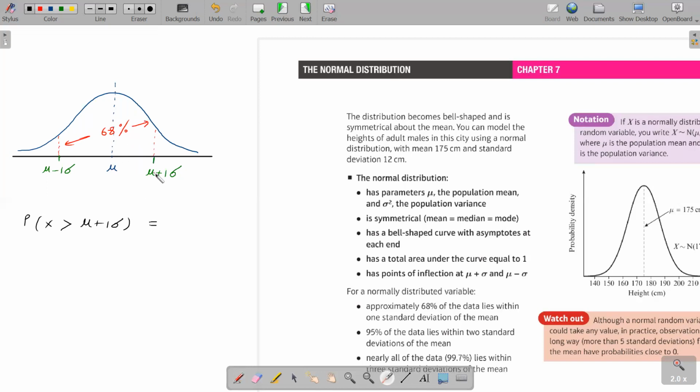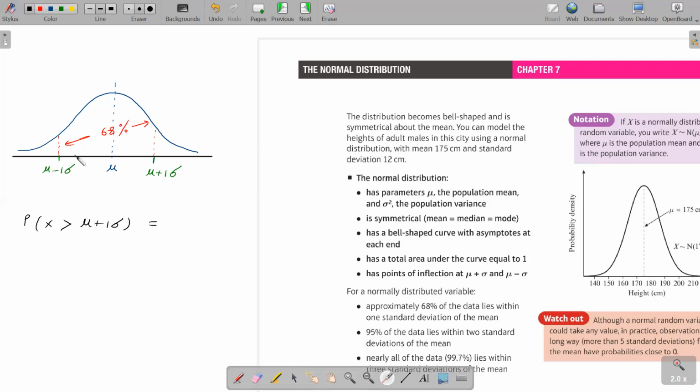From mu, if you go 1 sigma forward and 1 sigma behind, you have gone an equal distance to both sides. So from 100%, you subtract the 68%, and you get the area of the remaining two parts. How much is it? 32%.